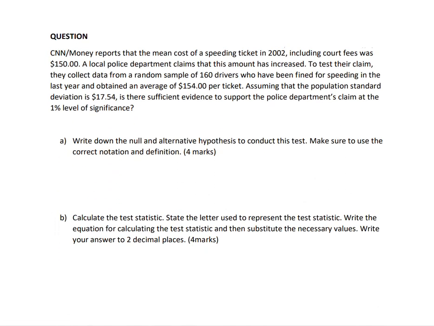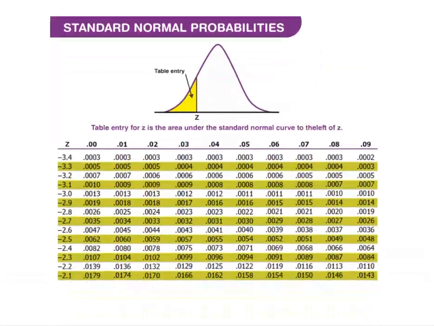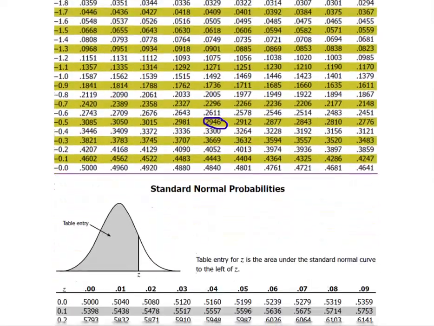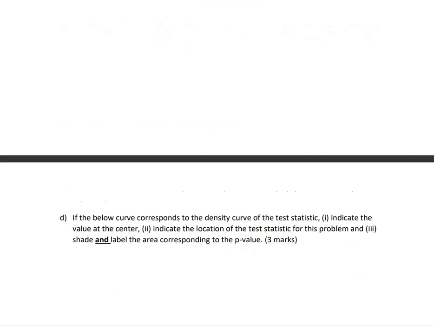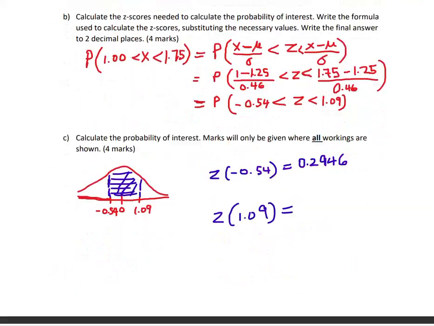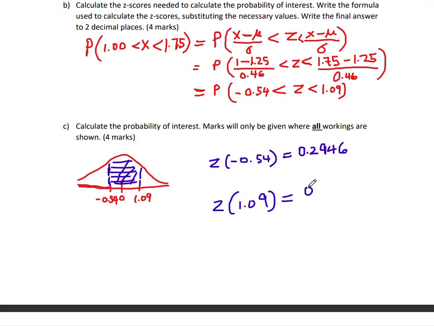So we're going to search for positive 1.09 on this table. We go to 1.0 and then go straight across to 0.09, and that's 0.8621. So we have now found that the probability associated with 1.09 is 0.8621.